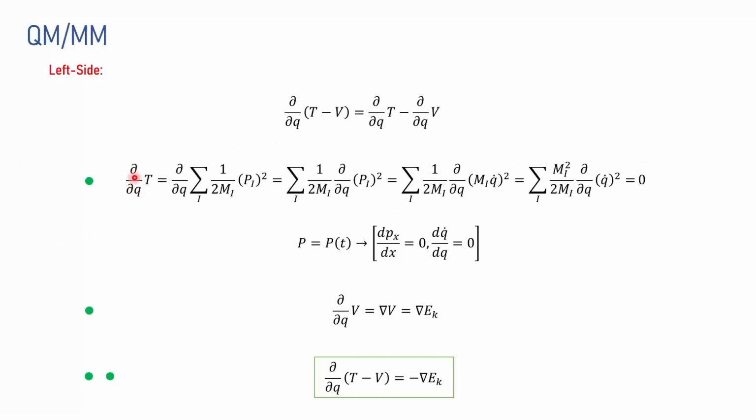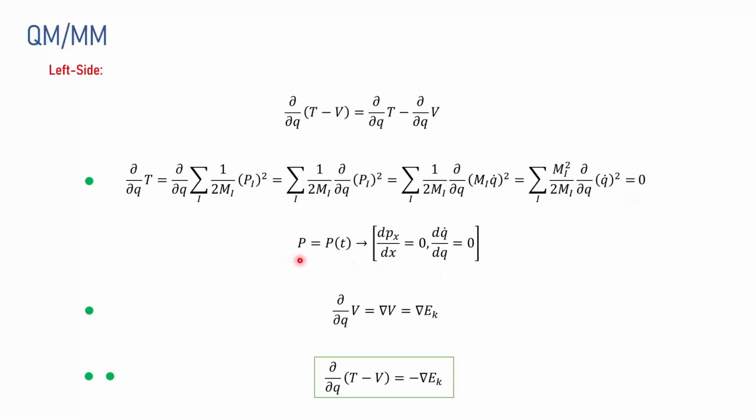We have the derivative of the kinetic energy with respect to Q. We can add this dq inside the sum, and as we define the momentum as the velocity times the mass, here we have the mass and here we have the velocity q dot. We have it squared here, so we'll have mi squared over 2mi, and we have the derivative of the velocity with respect to the coordinates, which is equal to 0.